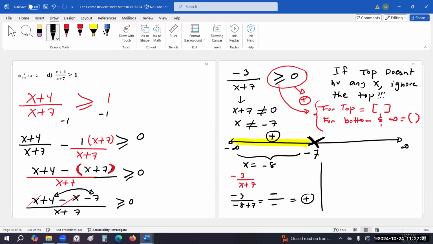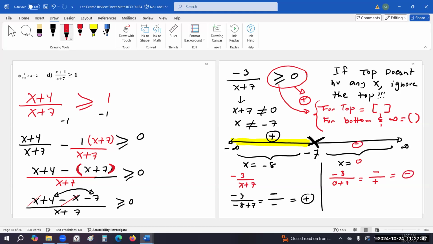And let's see what happens to the other side. So what x value we can pick this time? 0. We have negative 3 over 0 plus 7. That gives us negative over positive. What is negative over positive?